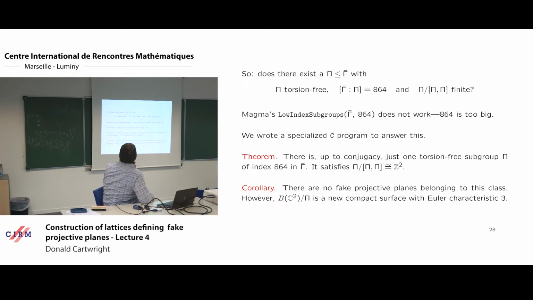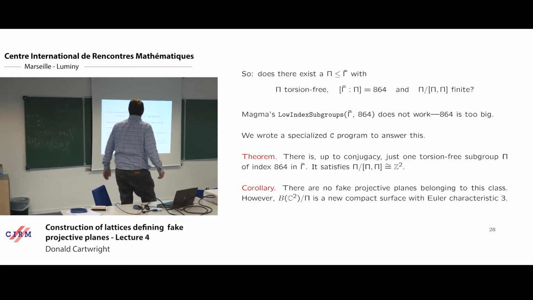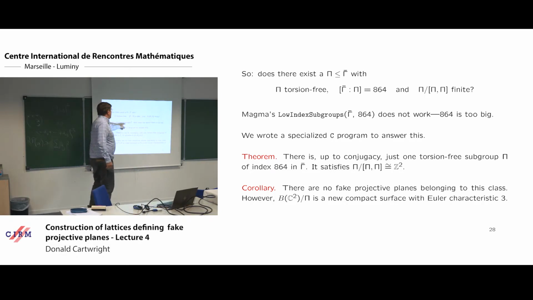So now we have a presentation for gamma bar. We're looking now for torsion-free subgroups of gamma bar of index 864 with finite abelianization. Magma has a wonderful suite of algorithms for working with finitely presented groups, and it has one called low index subgroups.